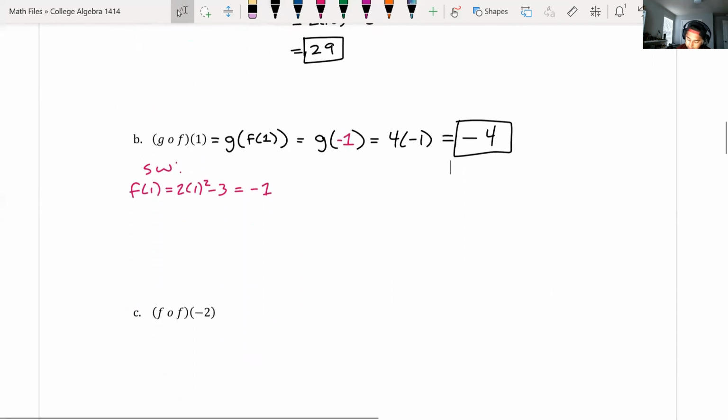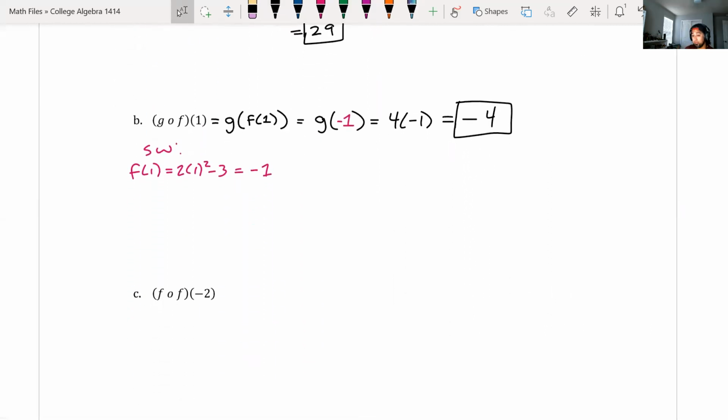And then B, f of negative 2. So f compose f of negative 2. So rewriting that, we get f of f of negative 2. Okay, so again, we're going to take negative 2, plug it into the function f, and side work again.